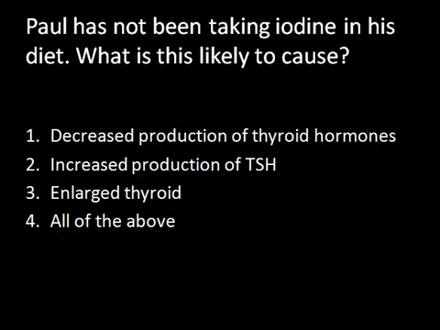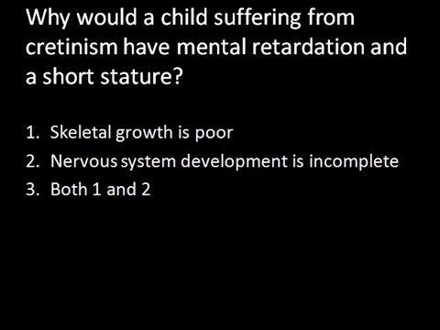Now let's look at this last one, which says, why would a child suffering from cretinism have mental retardation and a short stature? The function in cretinism is hypothyroidism. So there is hypothyroidism here. In hypothyroidism, less thyroid hormones are produced.